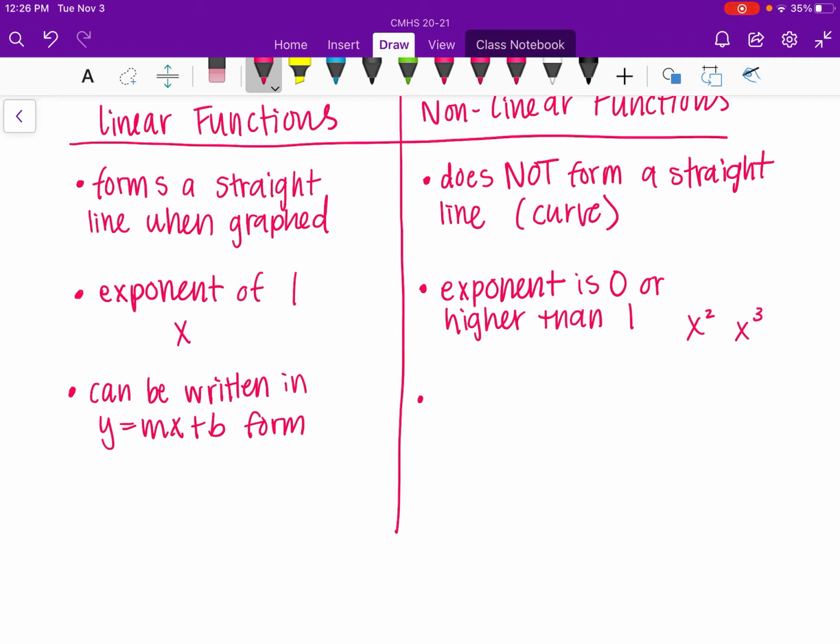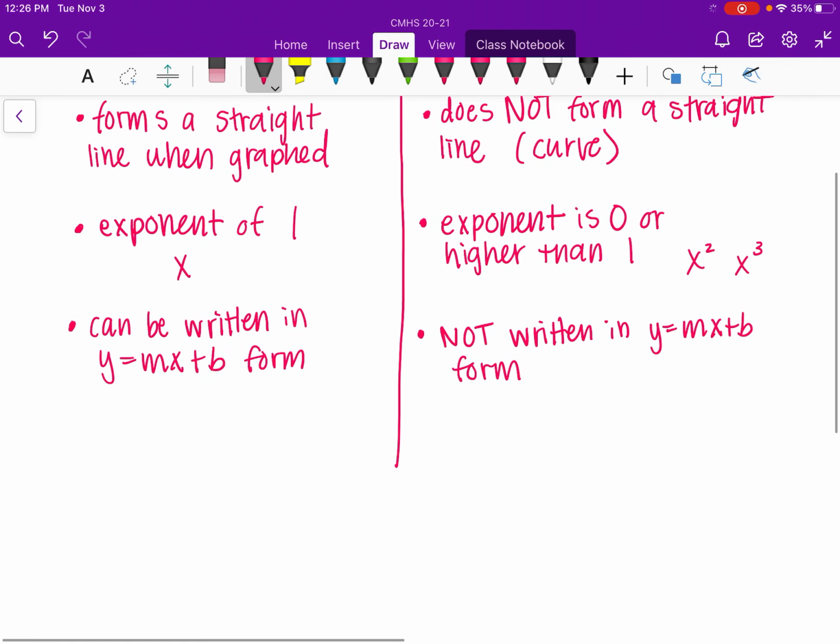These ones do not. So they are not written in y equals mx plus b form, which you'll remember is called slope-intercept. So those are some points about linear and nonlinear functions. Now we're going to do some quick examples of them.